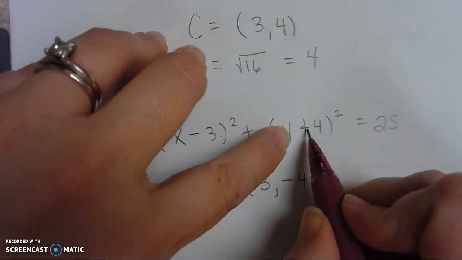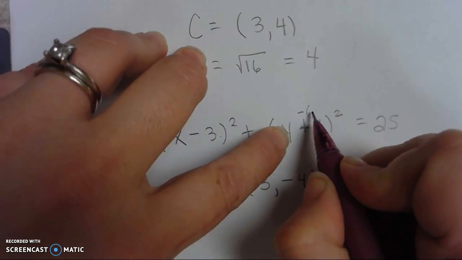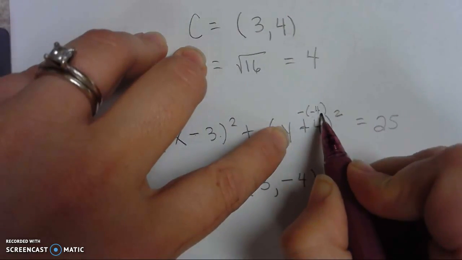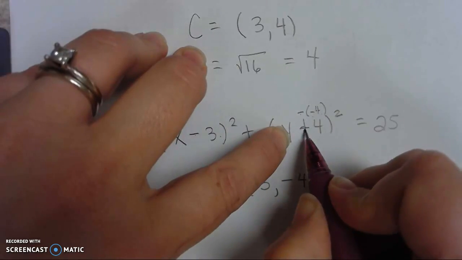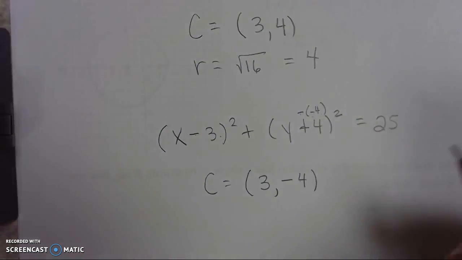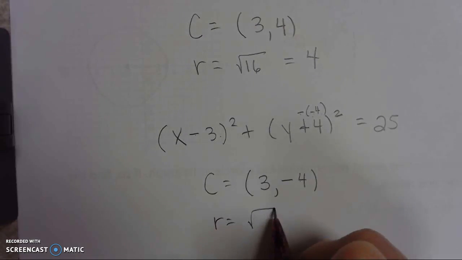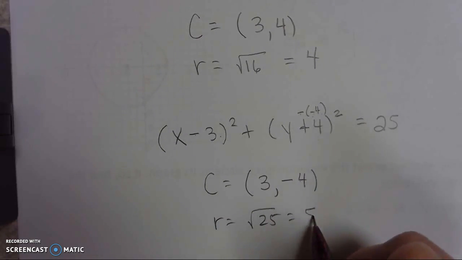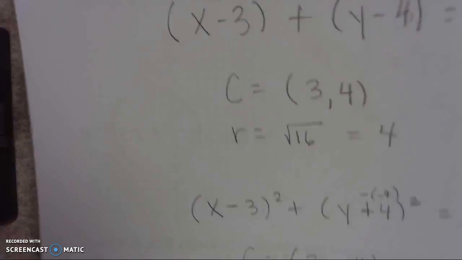The only way I can get a plus is if my 4 is negative. So minus a negative makes plus. That's why this is negative 4. And then my radius, the square root of 25, is 5.